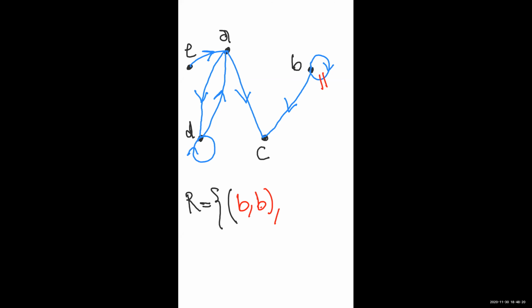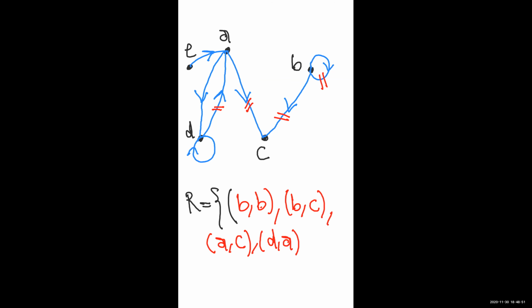The direction of the arrow is very important, because it shows us which one we will start with. So here, the direction from B to C, so this one is (B, C). Then one arrow from A to C, so (A, C). Then one arrow from D to A, so (D, A).